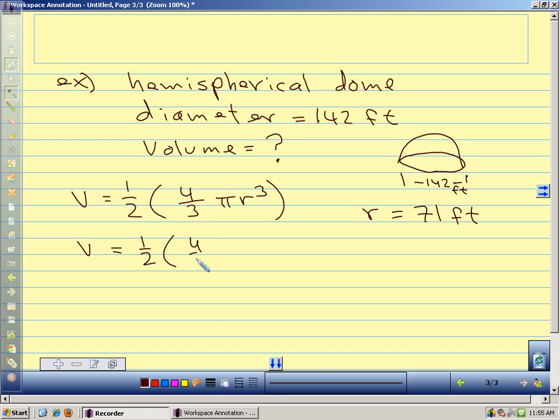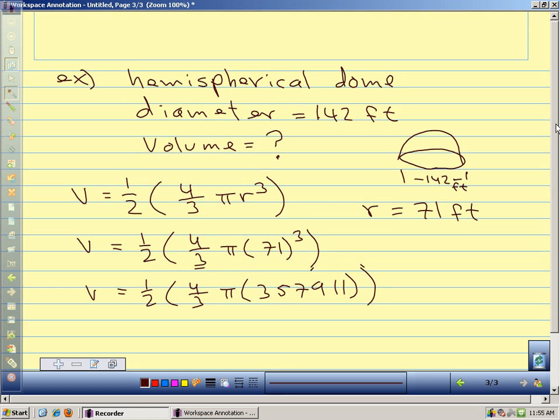1/2 of 4/3 pi times 71 cubed. When I cube 71, I'm just going to write this out. 1/2 of 4/3 pi times 357,911. That's 71 cubed.